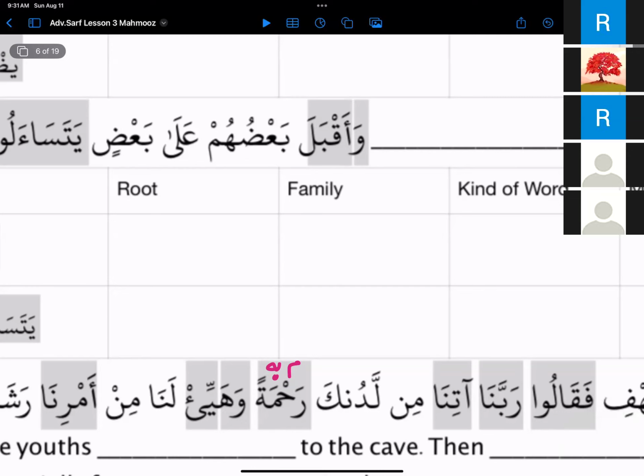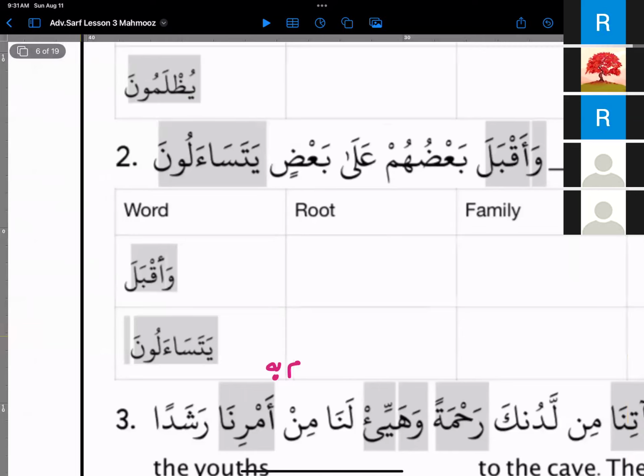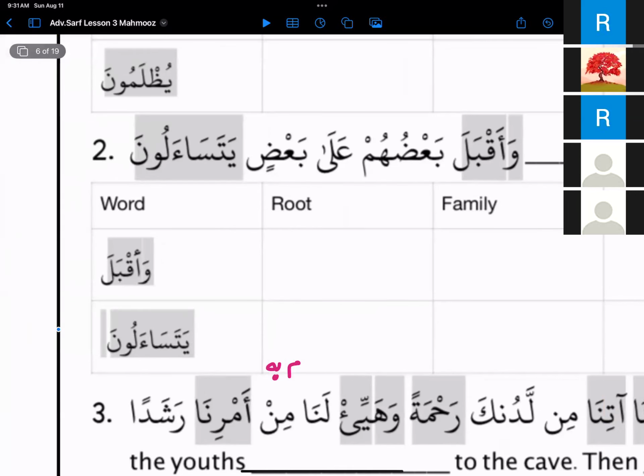Mutallik bil fa'il, not mutallik bil fa'il. Right? You guys are getting the idea? Because when we say mutallik bil, it could be related to anything. It could be related to fa'il, and sometimes it can be related to fa'il. So over here, ba'duhum makes more sense for ala ba'din, right? So some of them will be facing towards others. This is how we should be looking at it.